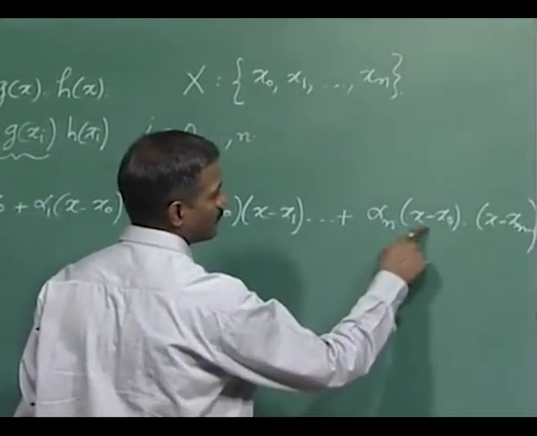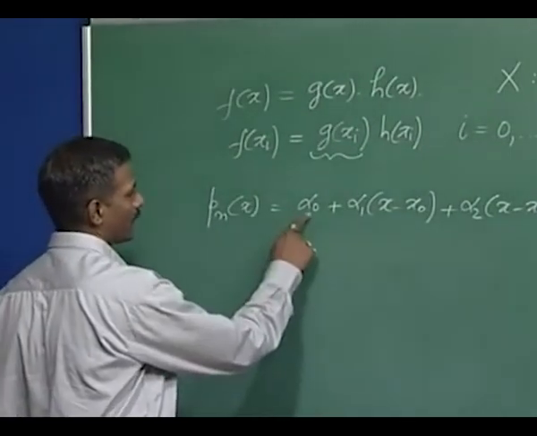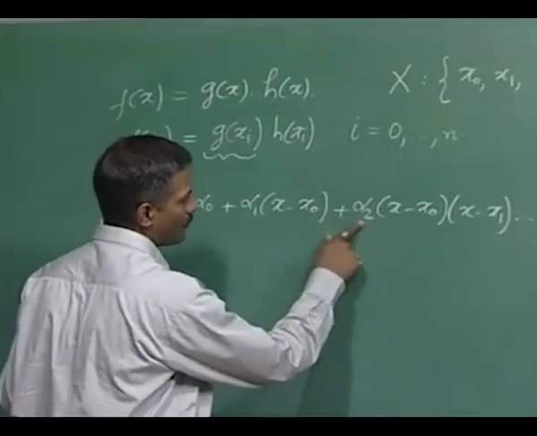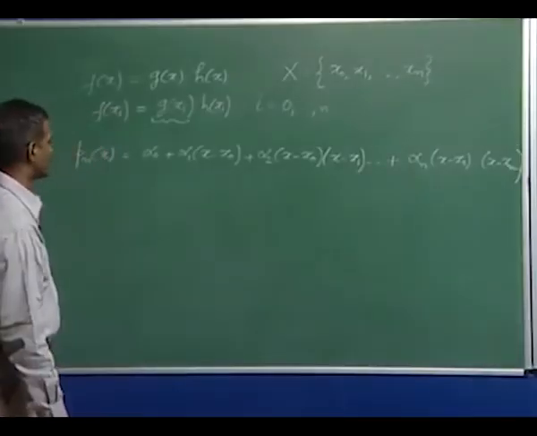This is of degree n in x. And of course, you would know that alpha 0, alpha 1, alpha 2 up till alpha n are all divided differences.